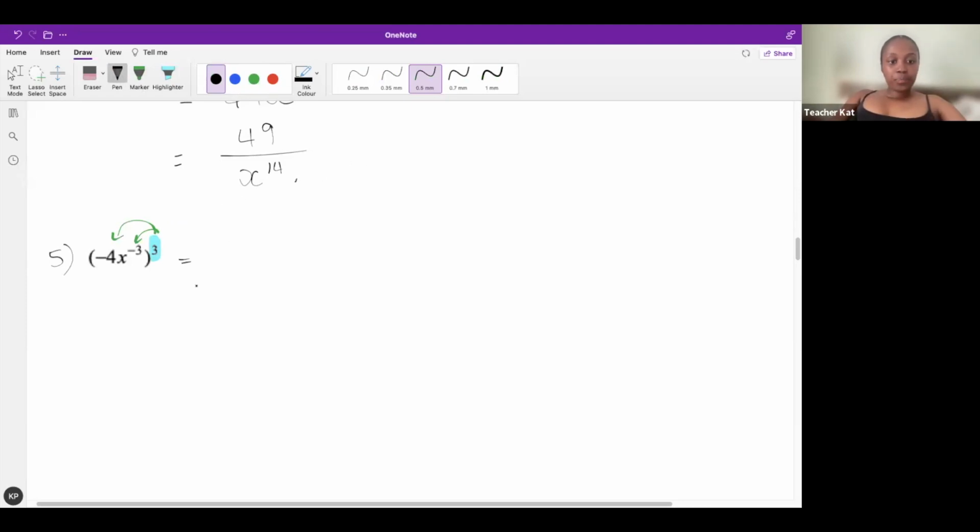Okay, this will be -4 all raised to the power of 3. And then this is x to the power of -3 all raised to another 3. Now, the cube of a negative number, is that positive or negative?